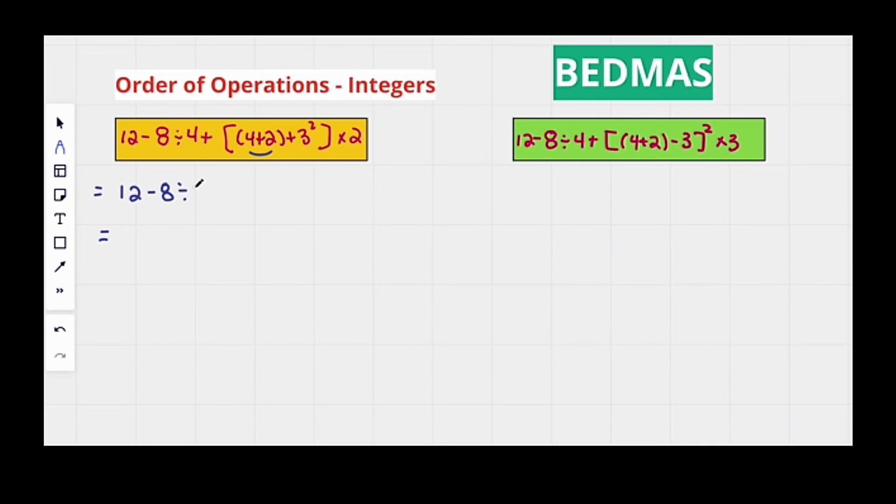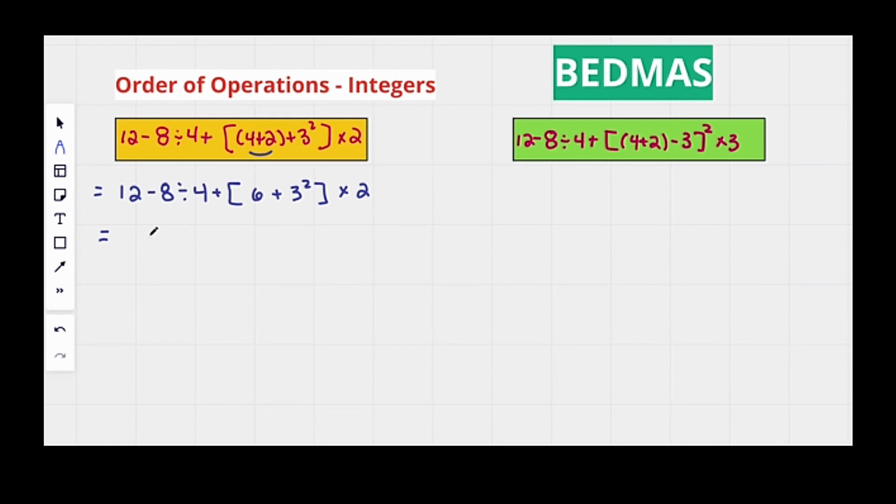Okay, and like I've said many times, you always want to bring everything forward. You don't want to leave any man behind. In this case, you don't want to leave any number behind. Okay, so let's have our bracket here. And now we're going to do what's inside this bracket. So inside this bracket is 4 plus 2, which is 6, plus 3 squared, close the bracket, multiply by 2.